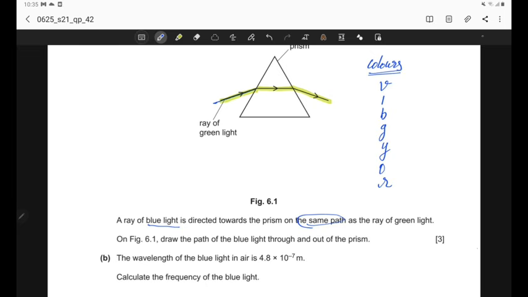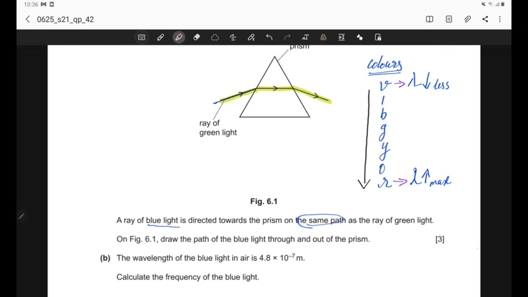And when we look at the wavelength, we can understand that violet has the least wavelength compared to other colors, and the wavelength will keep increasing in the same order, and for the red light the wavelength will be maximum. So out of these 7 colors, red light has the maximum wavelength, and violet has the minimum wavelength. So the wavelength will increase in the same order from violet to red.